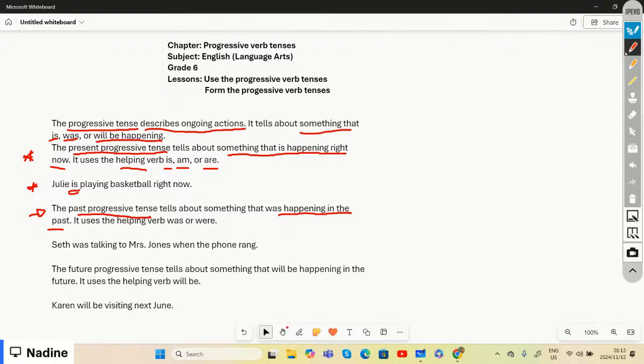When it comes to the past progressive tense, we're using the helping verbs was and were. I was at the supermarket. We were at the supermarket. It's in the past, not now. It happened already.